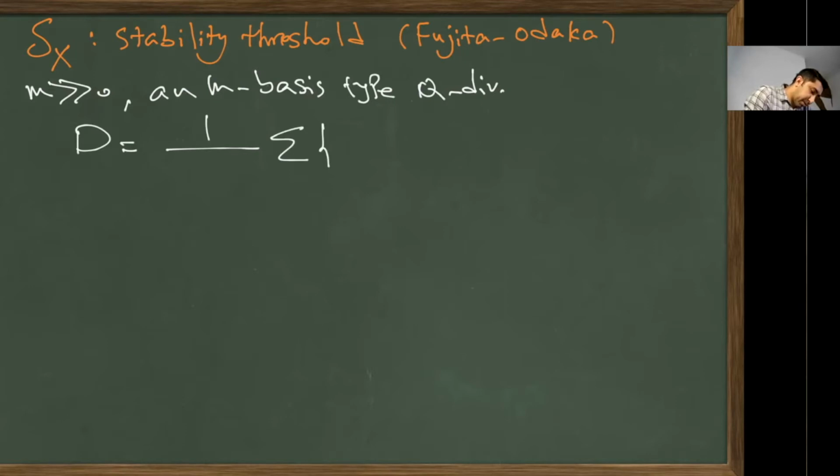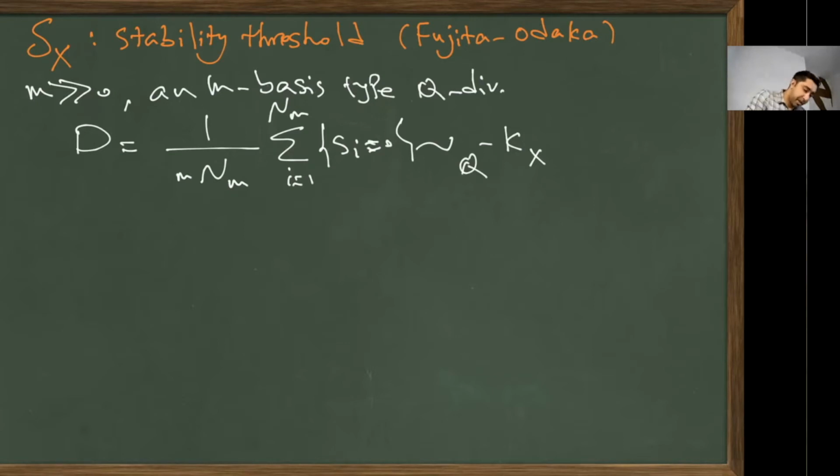You take the sum of divisors defined locally by the s_i, where the sum runs from 1 to a number N_m, and you divide by this number. So m is there, and then you take this average of these guys, and you assume these are Q-equivalent to the anti-canonical divisor.